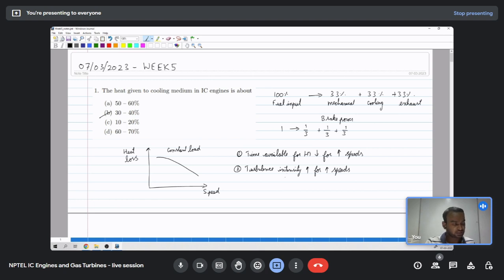When the turbulence intensity is high, the heat transfer also becomes higher. But in net, the trend is like what I said: when speed increases, heat loss decreases. There could be multiple factors. If you want to go deeper, you can refer to some textbook that is suggested in the course.